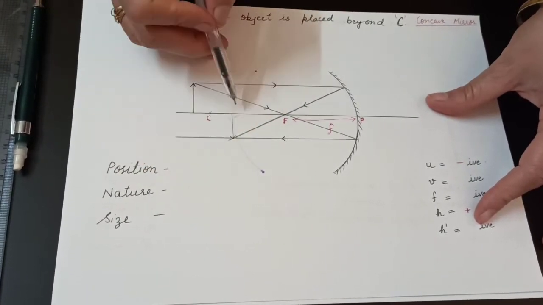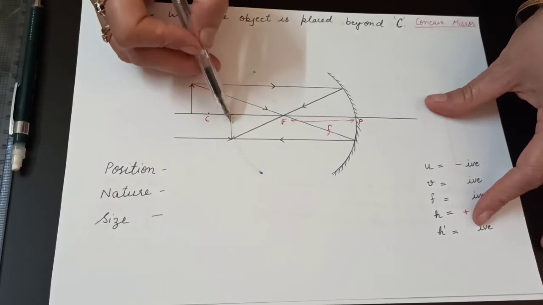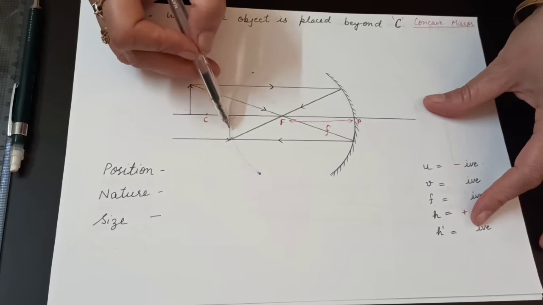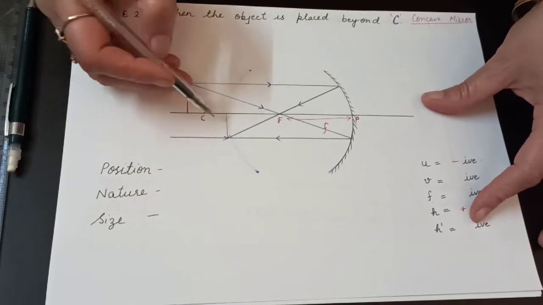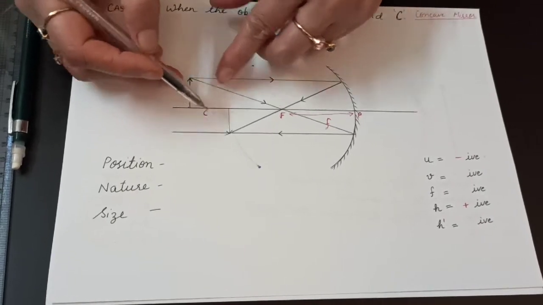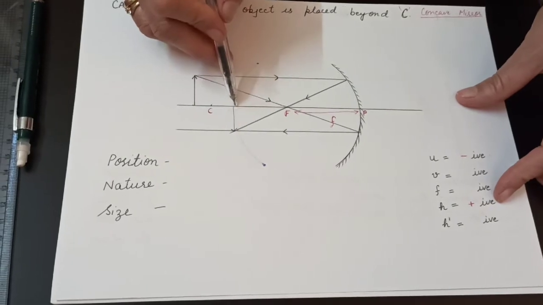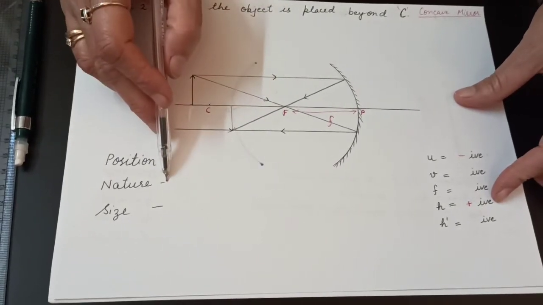The nature would be, again, inverted, so it has to be real, because a real image is always inverted. The size, you can see the size of the object is more than the size of the image. So we can say that the image is diminished.